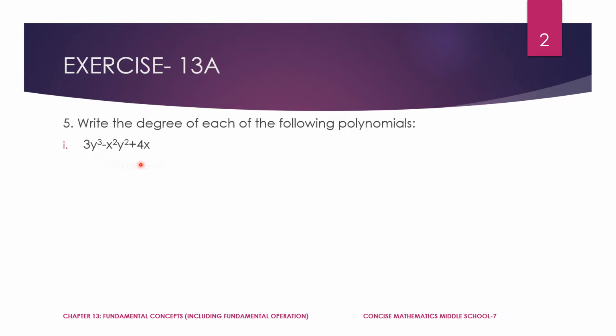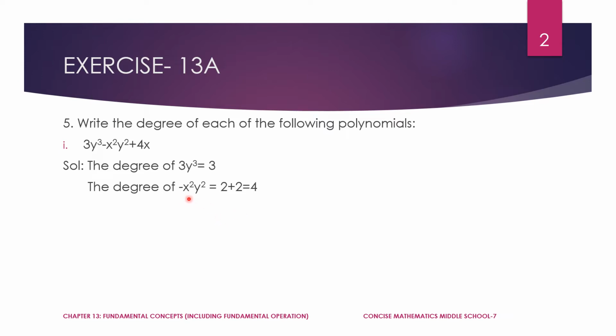Let's consider the first term and get its degree. The degree of the first term will be 3 because the exponent of y is 3. So that is the degree of the term 3y cube. Next, let's consider the second term, minus x square y square.